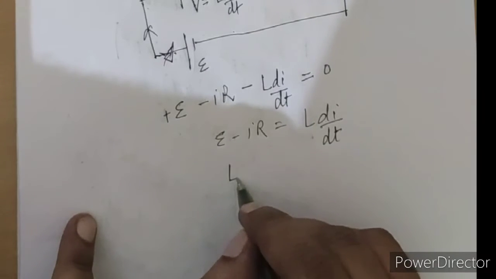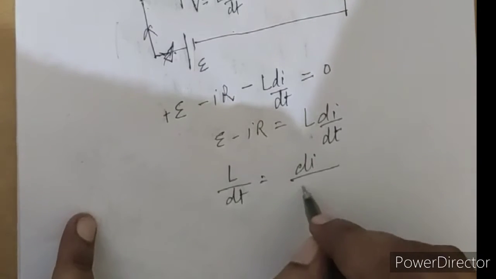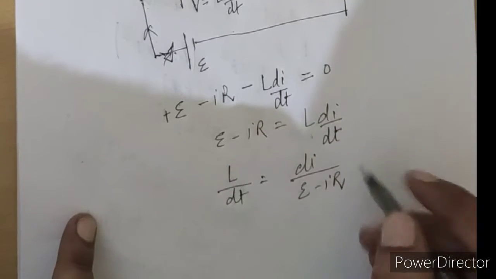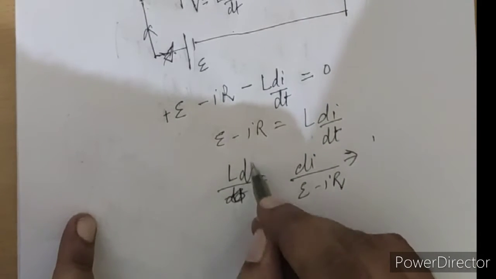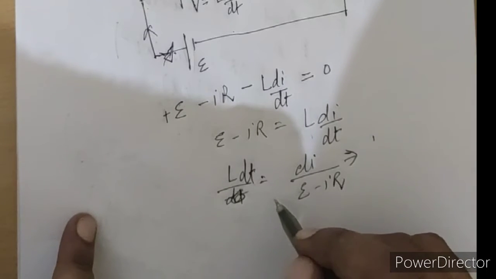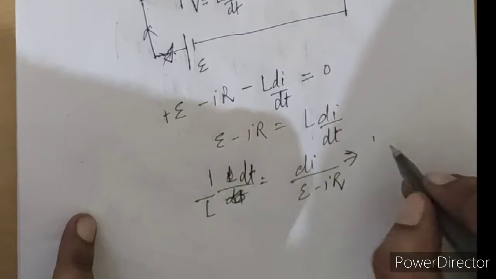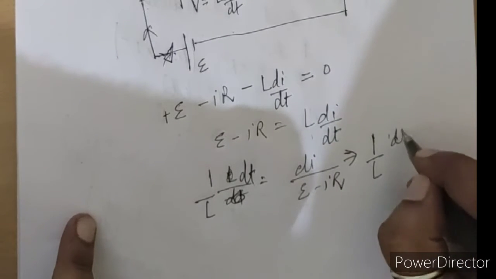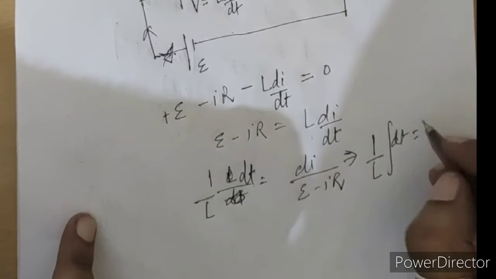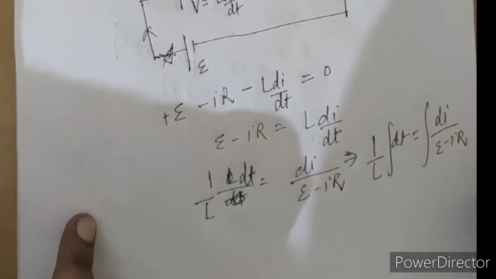This will be equal to L by dt is equal to di over E minus IR. So this will be 1 over L dt. So the integration of 1 over L dt is equal to the integration of di over E minus IR.